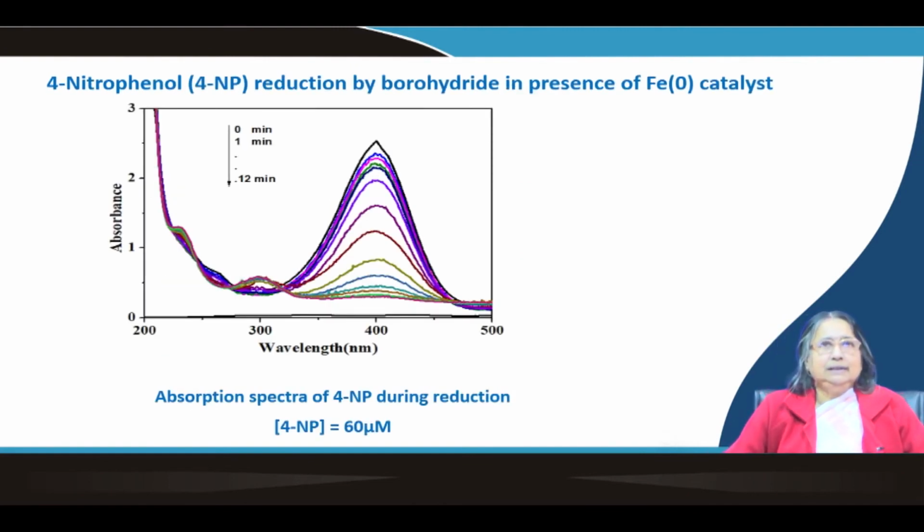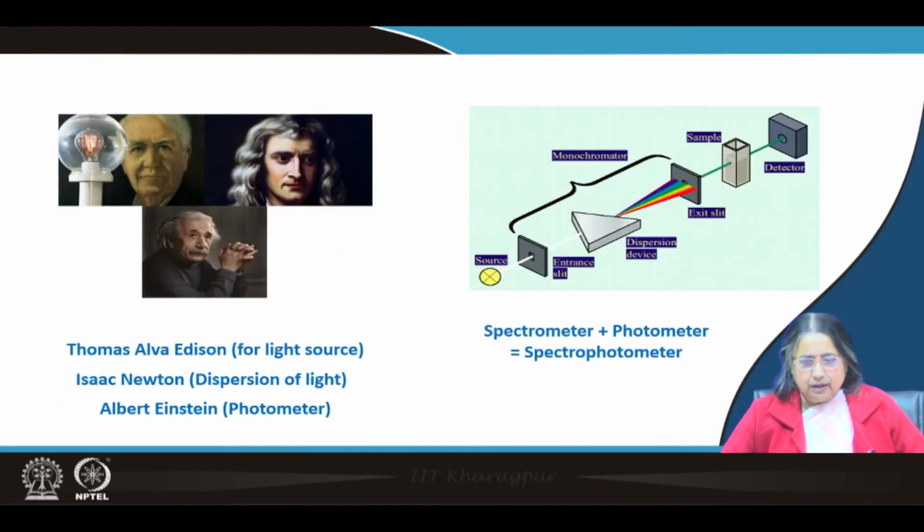Now this is the spectrophotometer. I showed you the schematic drawing for the spectrophotometer. Here this is the light source, and then the light passes through a prism, so different lights are produced with different wavelengths, monochromatic light by dispersion.